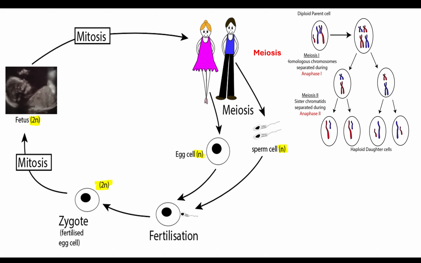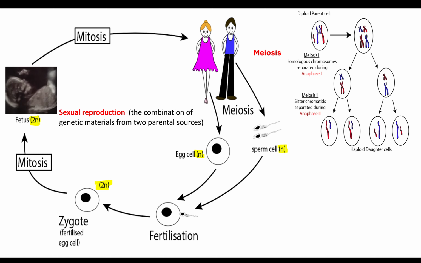So in this case, in the egg cell, we have N, which is a haploid cell, and the sperm cell, N, which is a haploid cell. Now, through sexual reproduction, that combination of genetic material from the two parental sources, those two individual N haploid cells are going to fuse together. We end up with a zygote, a fertilized egg cell, which now has a diploid number of chromosomes.